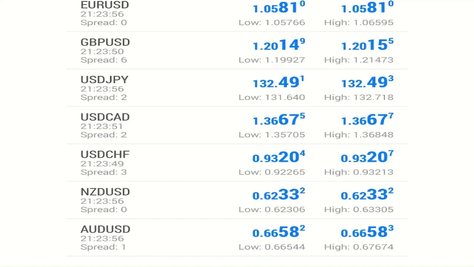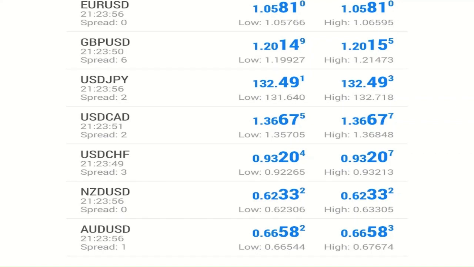But you see, for some pairs like USD CHF, NZD USD, and AUD USD, the quote currency there is stronger than the base currency. That is why they start with 0. That is why they are not up to 1, because the quote currency there is stronger than the base currency.